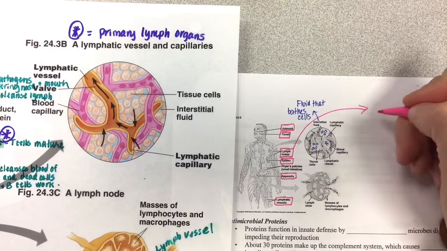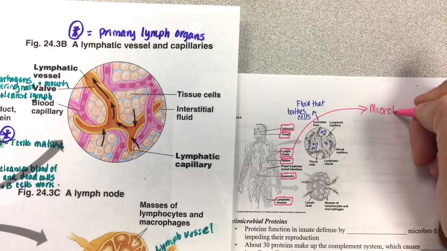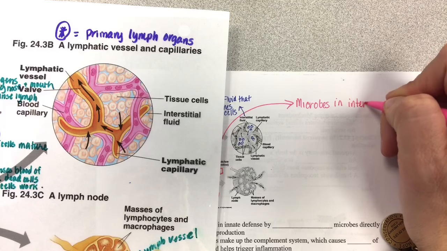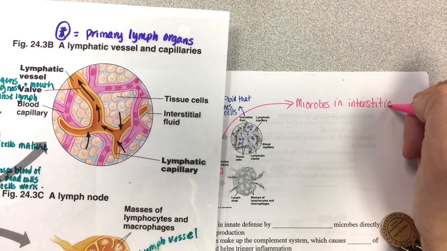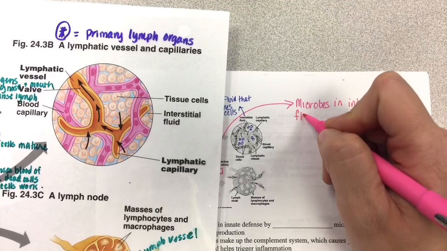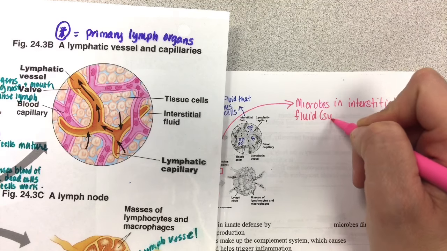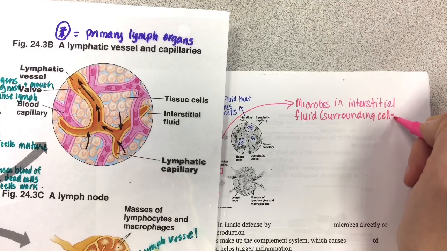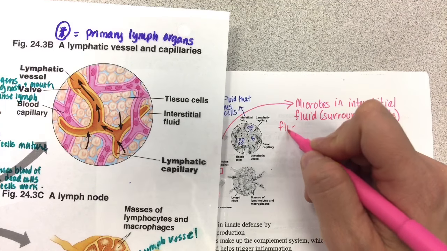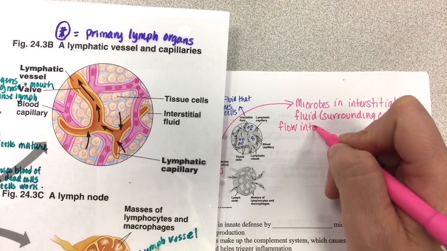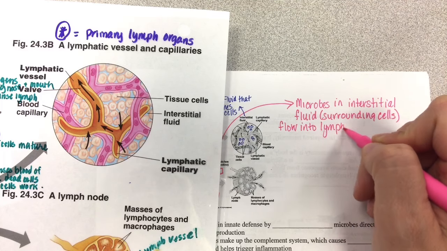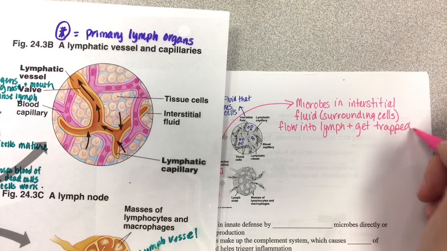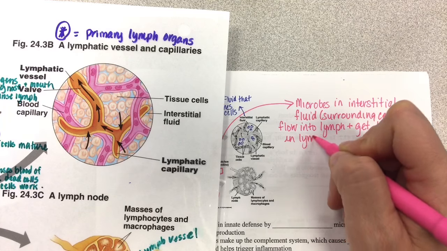So when it hits that lymph node, the microbes in the interstitial fluid, that's the fluid, remember, surrounding the cells, flow into the lymph and get trapped in lymph nodes.